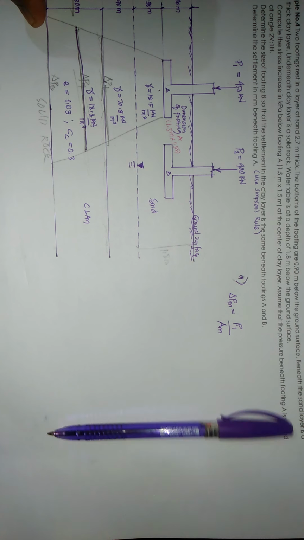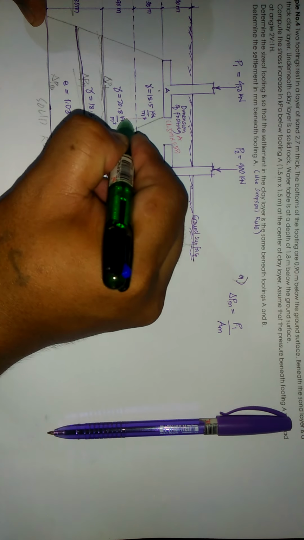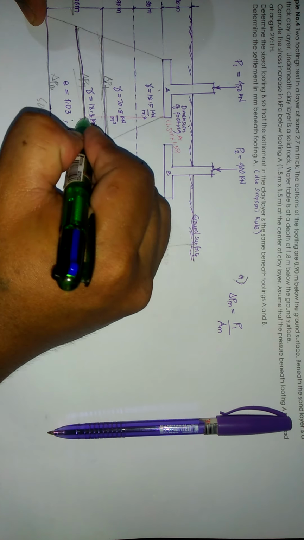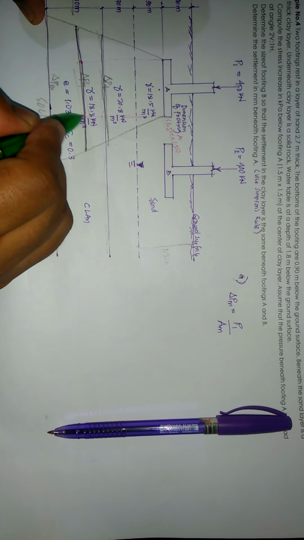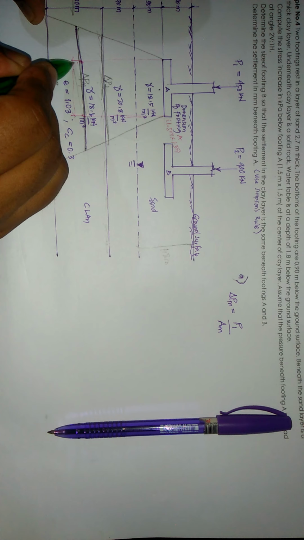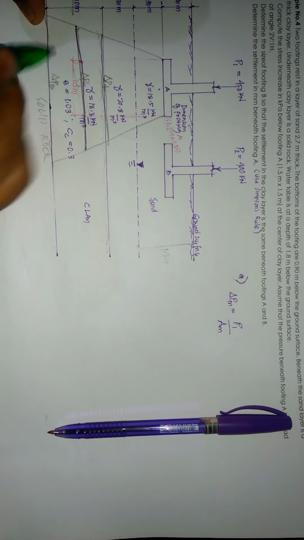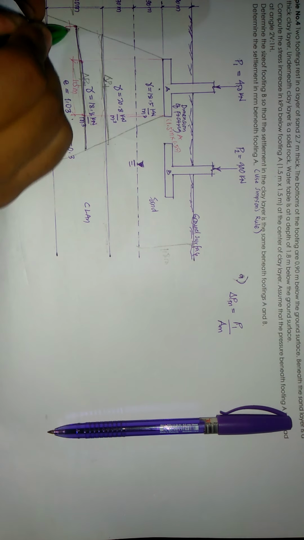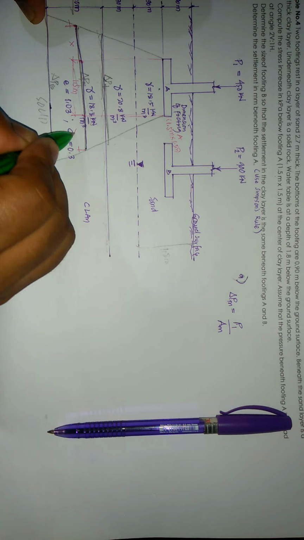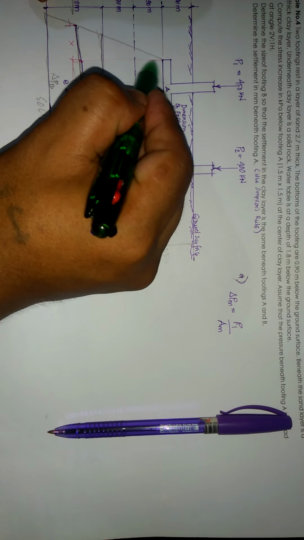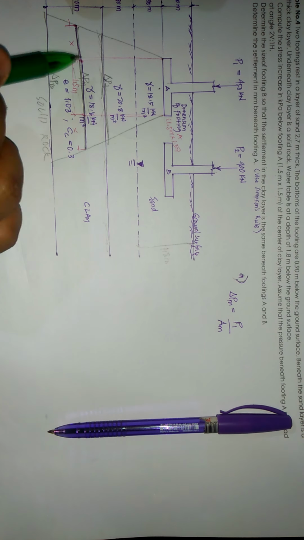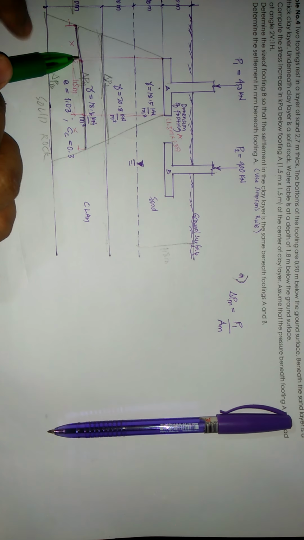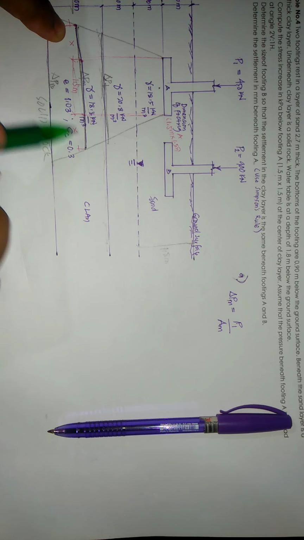Now, since we already know the dimension of your footing, which is 1.5 meters by 1.5, this portion up to this one would be your 1.5. And let's assume that this one would be your x, and then another x. Like what I said before, the height from the base of the footing up to the location of your unknown would be your value of 2x.